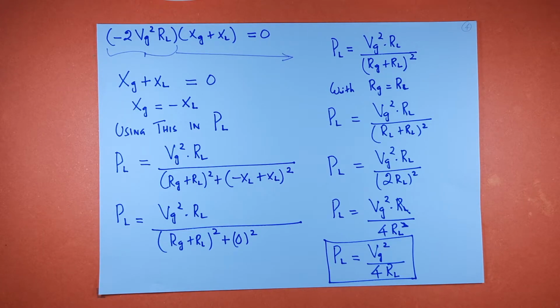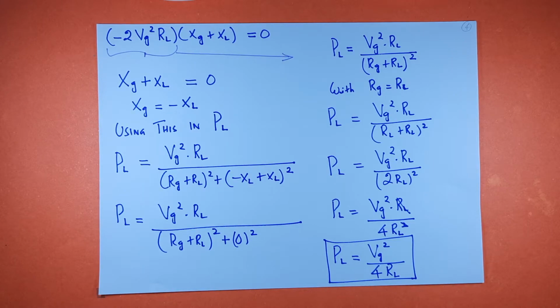So Xg equals minus XL, and similarly Rg equals RL. Both the real part and imaginary part should be equal in magnitude, but complex conjugate. So use this in PL. Also you can use Rg equal to RL afterwards.